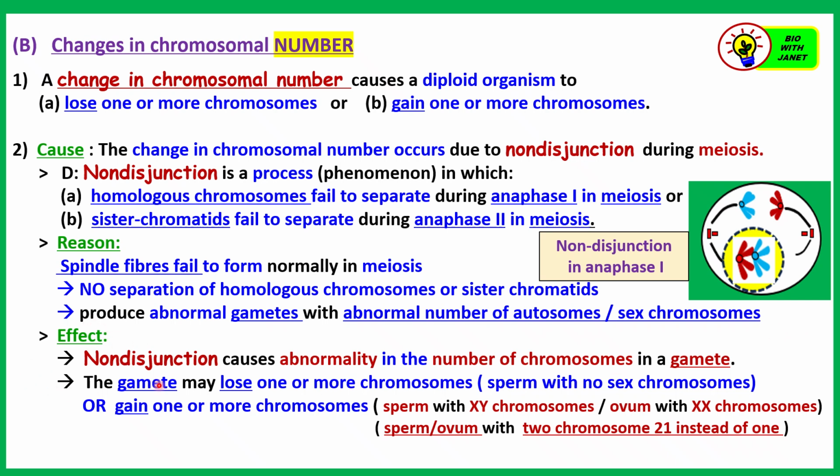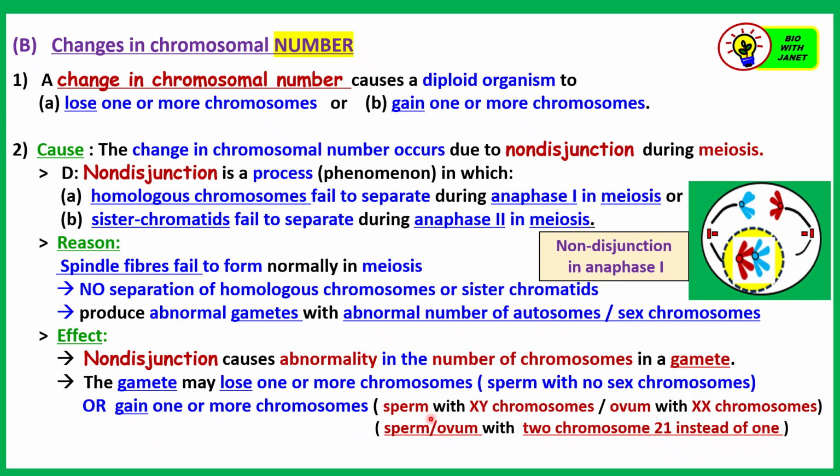So the effect of non-disjunction is that it causes abnormality in the number of chromosomes in a gamete because the homologous chromosomes fail to separate or the sister chromatids fail to separate. Okay, so the gamete formed at the end of meiosis may lose one or more chromosomes, such as a sperm with no sex chromosomes, or gain one or more chromosomes, such as a sperm with 2 sex chromosomes, X and Y. Now the normal sperm should have either an X chromosome or a Y chromosome.